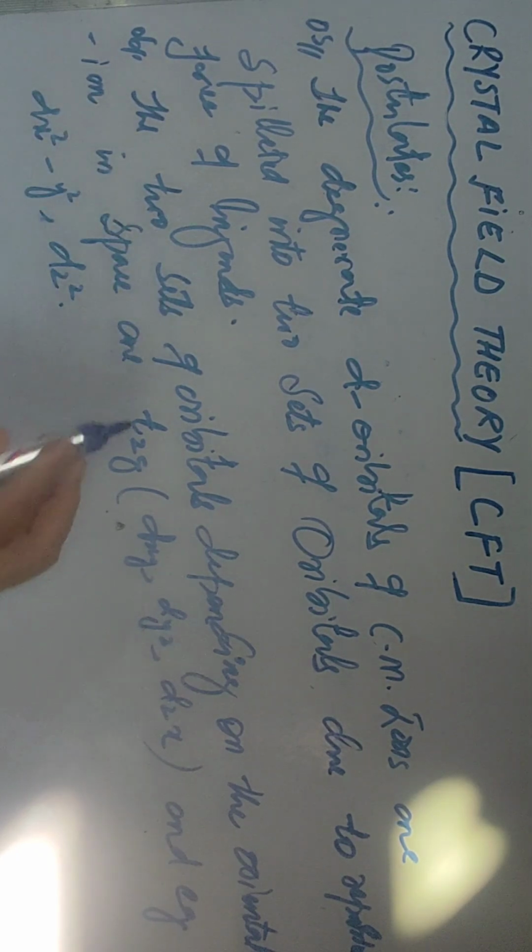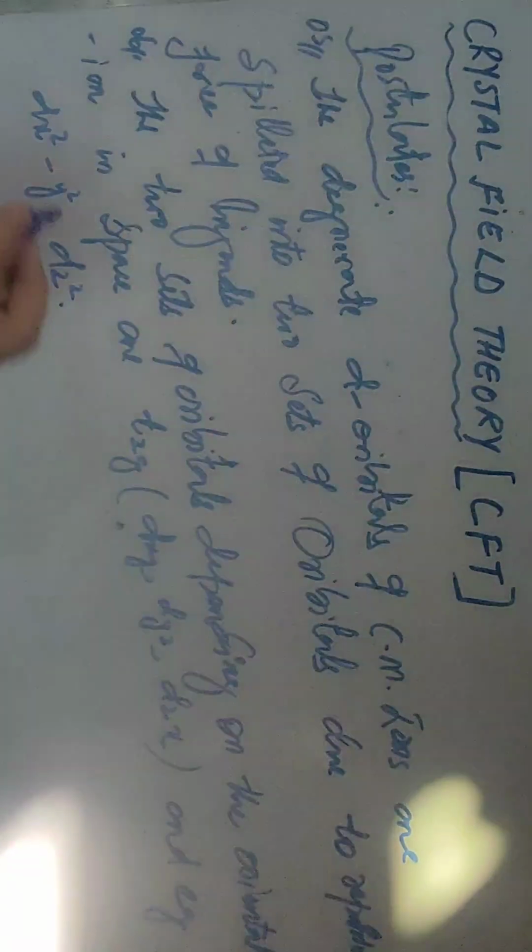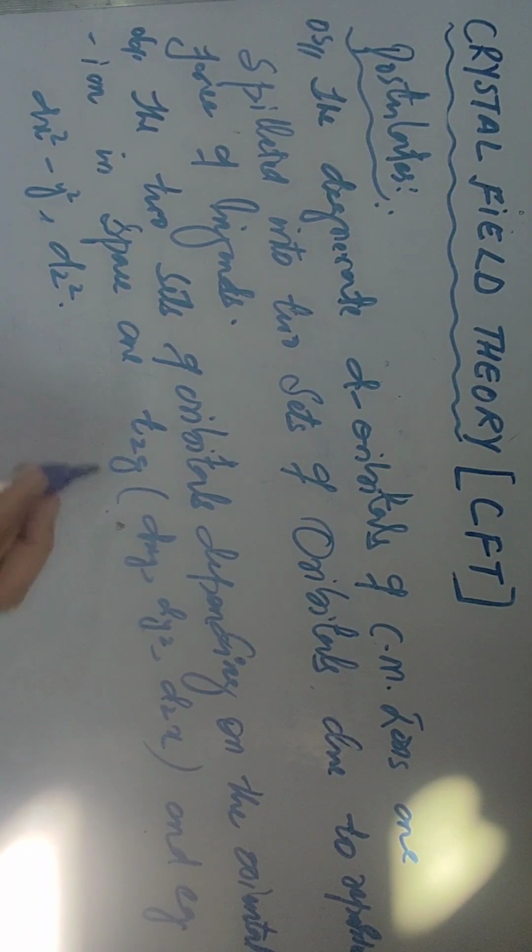So the two sets of orbitals depending on the orientation in space are T2G, that is dxy, dyz, dzx, and EG sets are dx square minus y square and dz square.